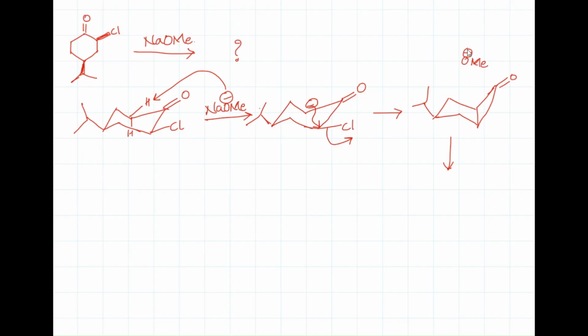OMe will act as a nucleophile as well as a base, right? Hence that OMe will attack the carbonyl carbon. It will form O minus and OMe. Here the isopropyl group is present, right? Here the three-membered ring is formed, right?